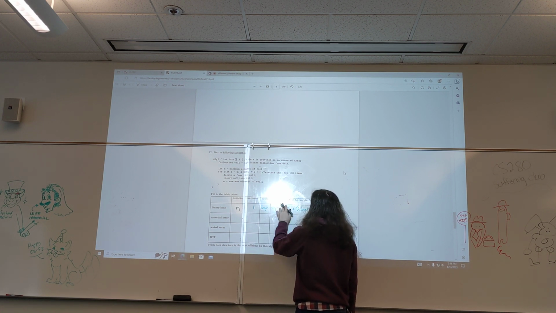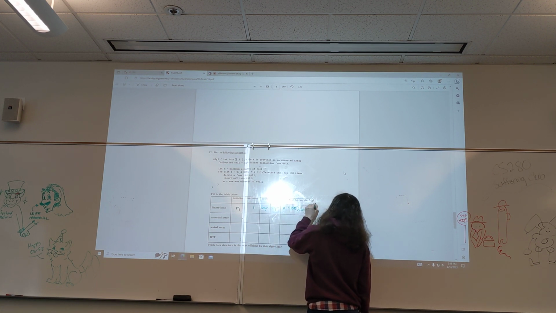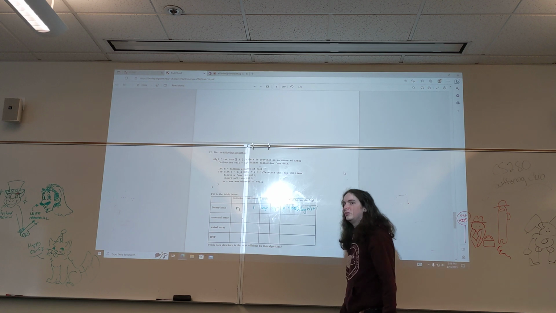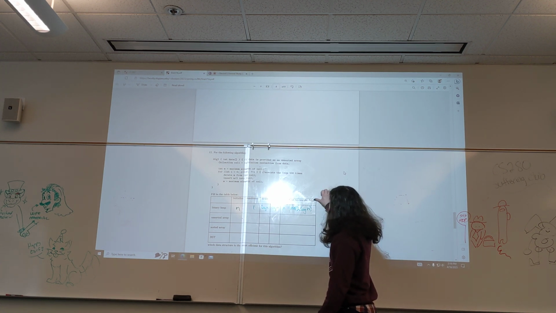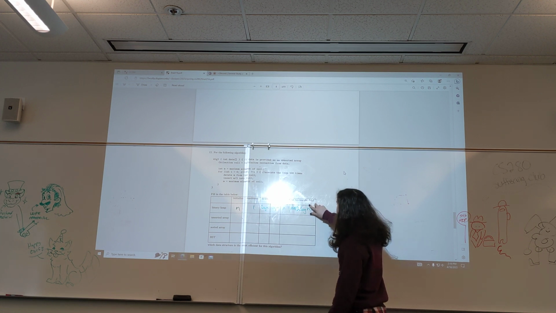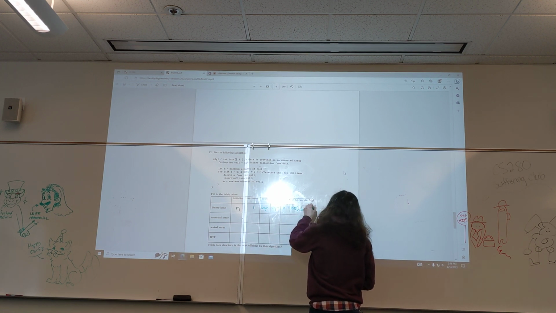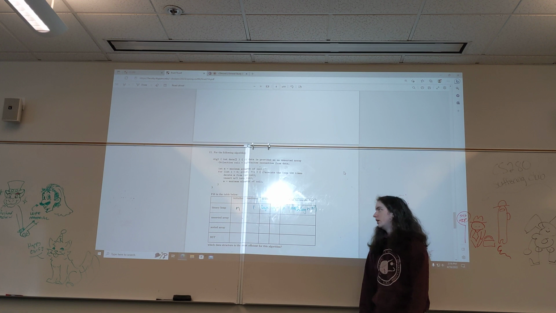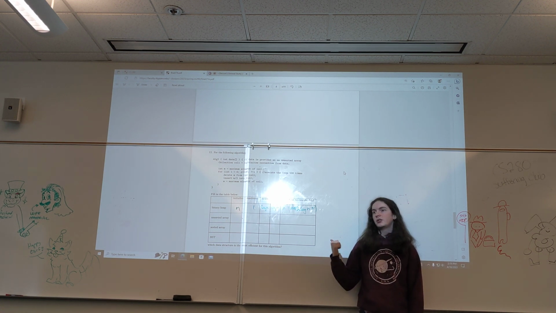Sure, we'll do n plus... which doesn't actually mean anything, because that's just for the maximum. Okay, I'll write it like this. If you want to condense that down to big O notation, that is n.